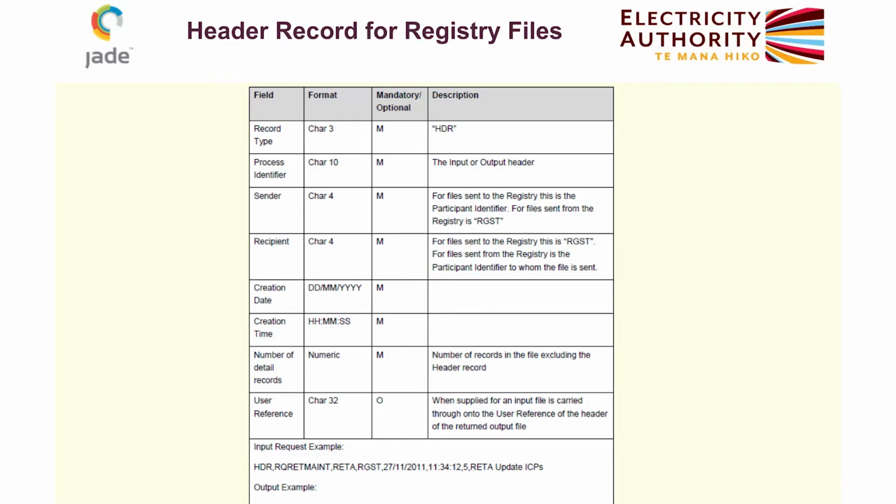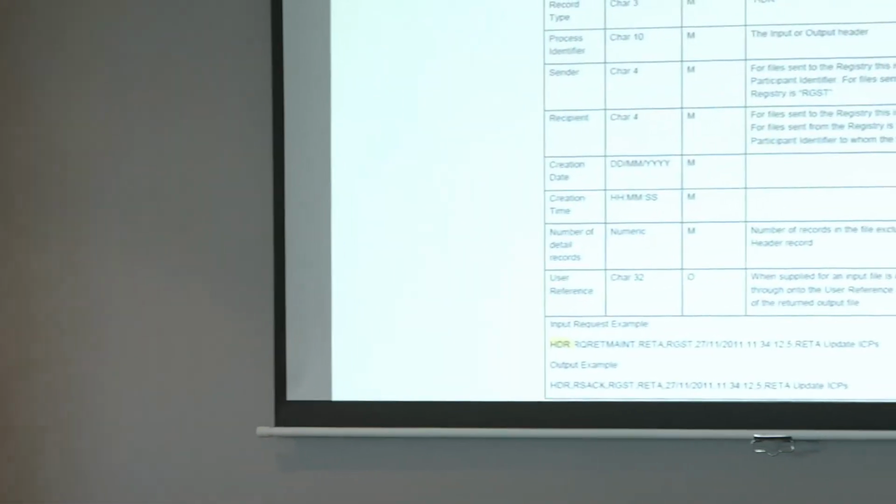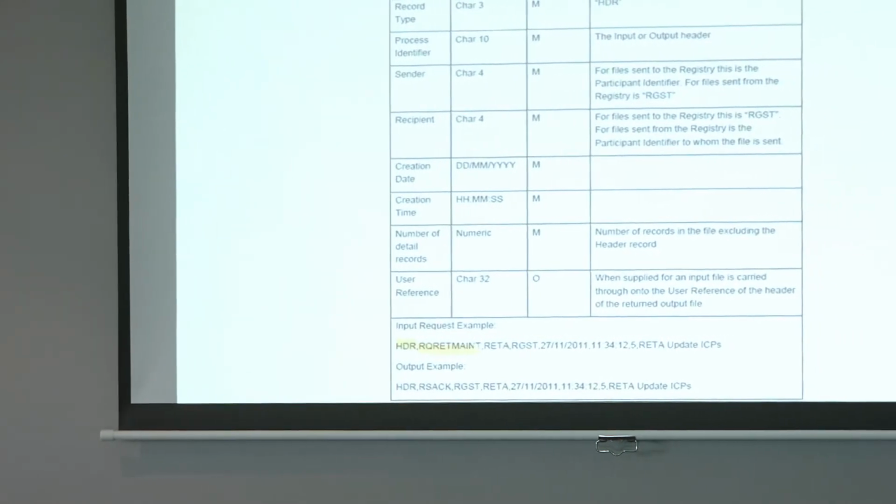And then there is an optional user reference, where you can write a comment up to 32 characters. So we have an example. I don't know if you can read that. It actually is in your notes. But if I have a look at that, HDR, okay, so that's the first field, then a comma, RQ rep maint.